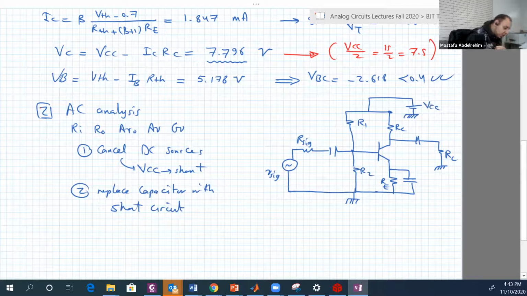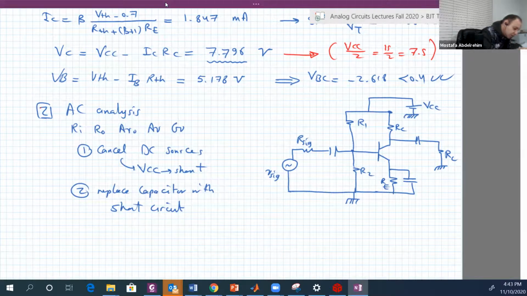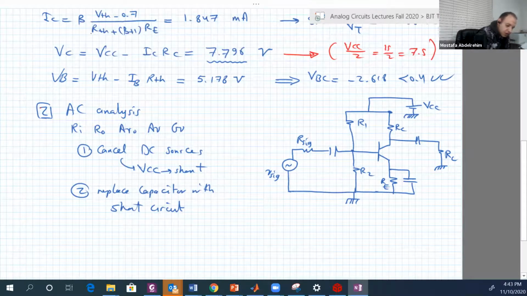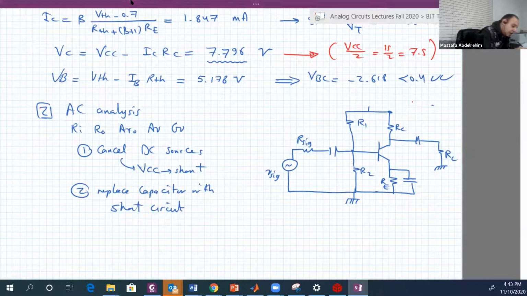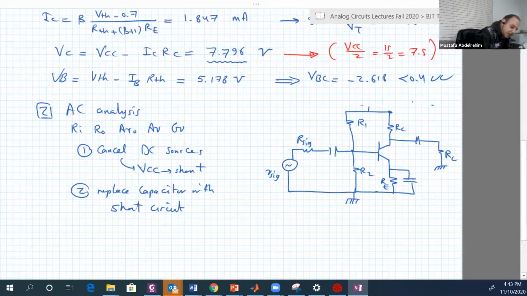Good. So let's apply this. We're going to short VCC first, so this will be just a ground. Let's remove all such stuff. I drew it intentionally just to show you the exact steps. So here will be a ground.